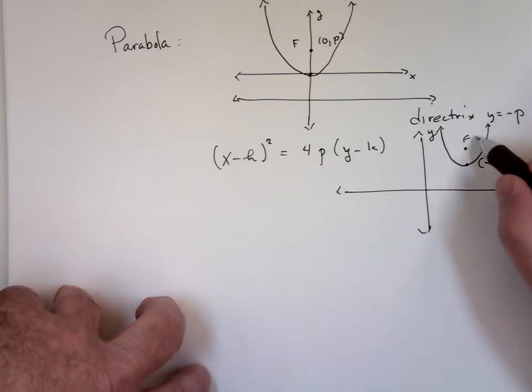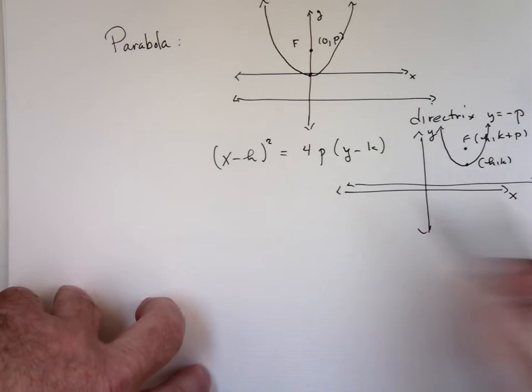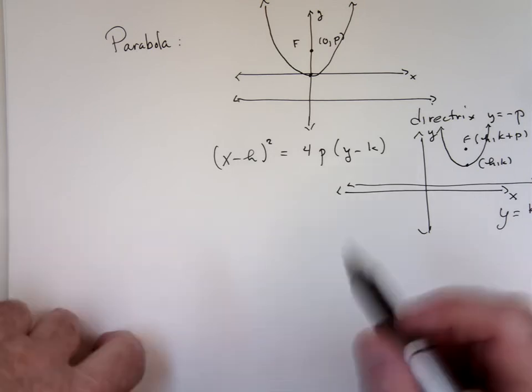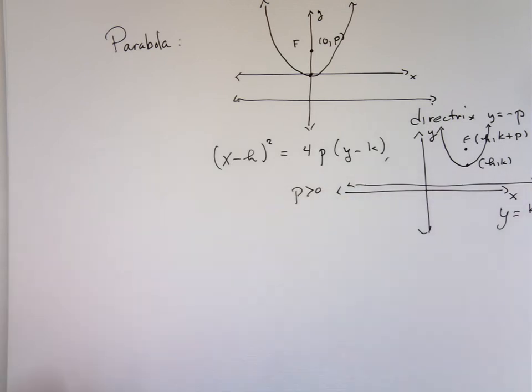So the focus here would be (h, k plus p). The directrix would have the equation y equals k minus p, assuming p is a positive number. Okay, this is p positive. If p is negative, the parabola opens down.